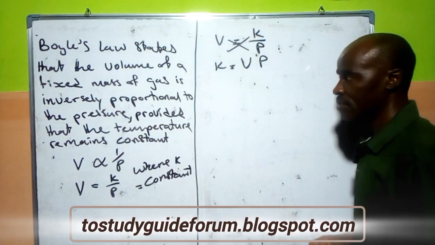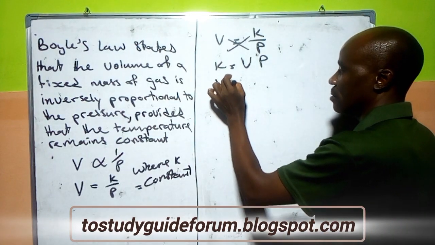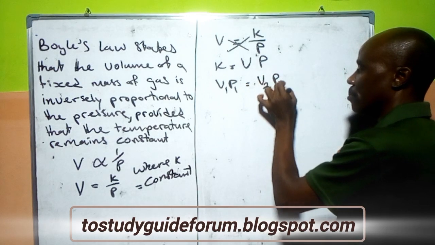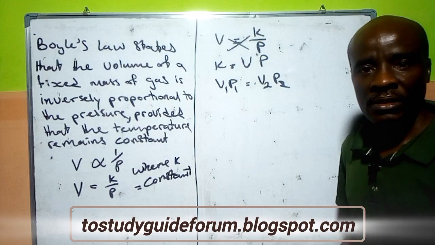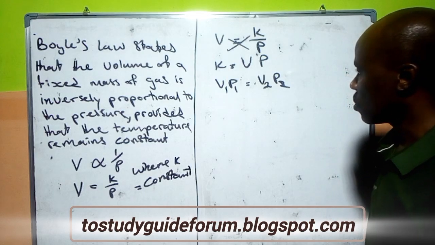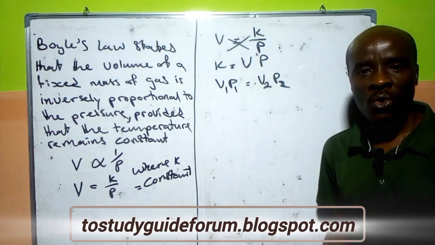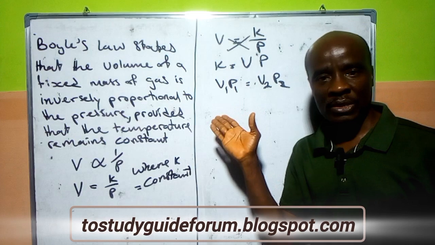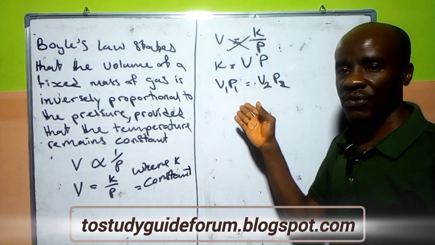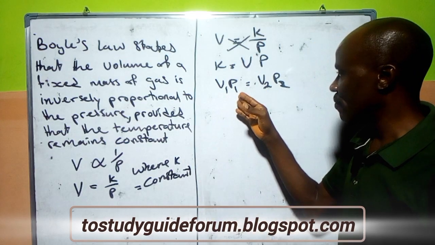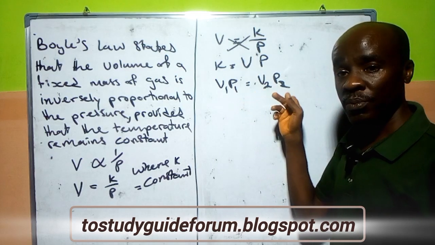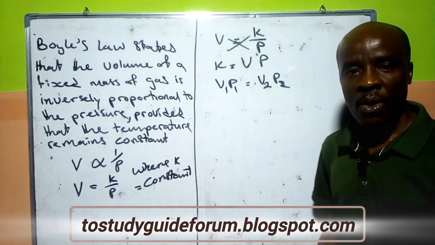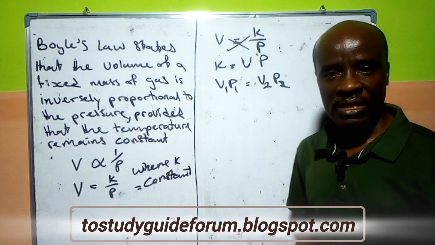In that case, what it means is that P1V1 is equal to P2V2, since the constant remains the same. So this is what we have. To get the value of any of these two, V1 and V2, we can make that possible. Let's look at some calculations that will help us truly understand it very well.